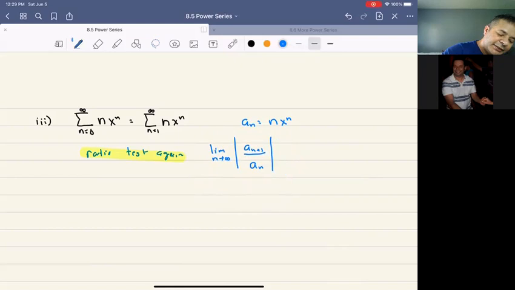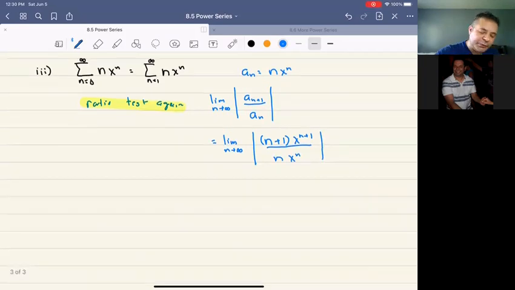Okay, so that's going to equal the limit as n goes to infinity of n plus 1 x to the n plus 1 divided by n x to the n.